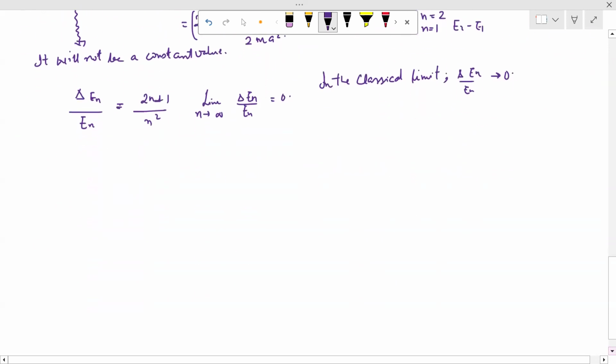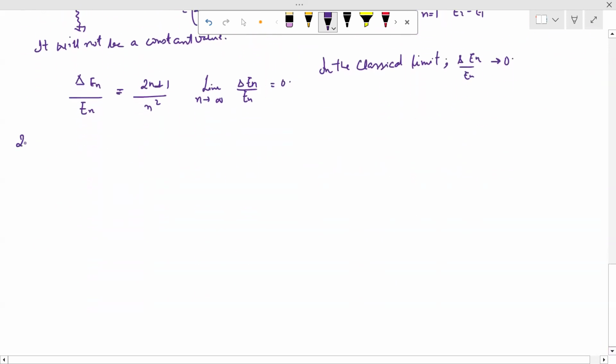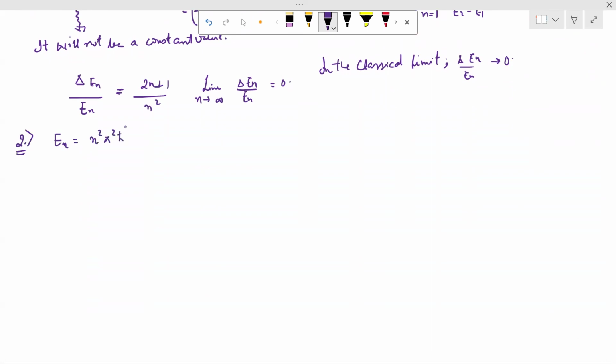Another observation, the second one, if you want to take: your energy eigenvalues are coming out as n square pi square h-bar square upon twice m a square. So if you take n equals 1, you'll simply get E1. What is E1?